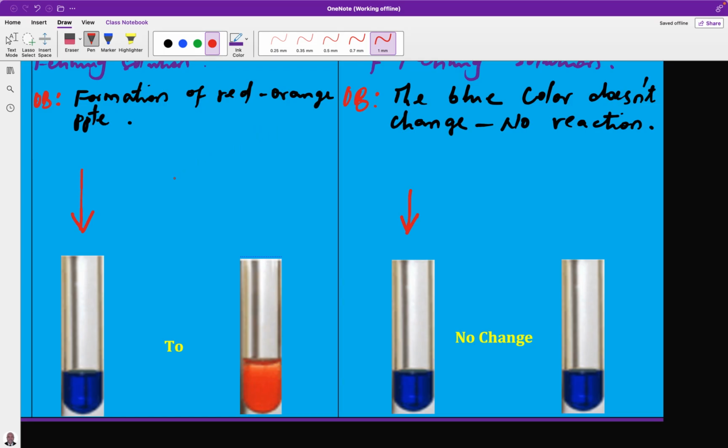The copper 2 ion acts as an oxidizing agent and oxidizes the aldehyde to the carboxylate ion, itself being reduced to copper 1. See what I am talking of?